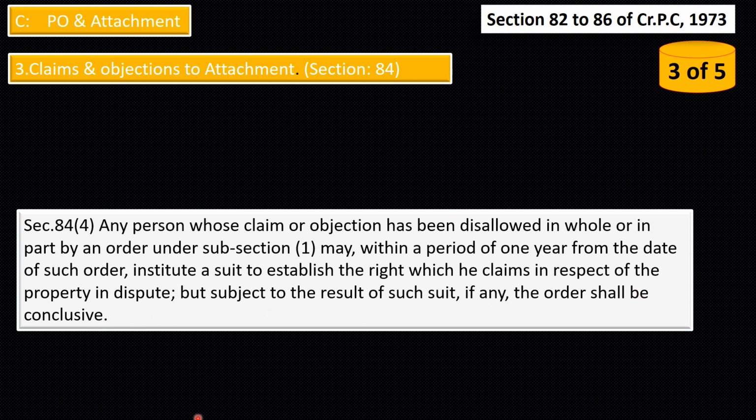Subsection 4 of section 84 is trying to tell us that if the claim of your client has been disallowed, they can institute a suit to establish their right, their claim in the respective property which is in dispute or which has been attached by the court, but it shall be subject to the outcome of the case.